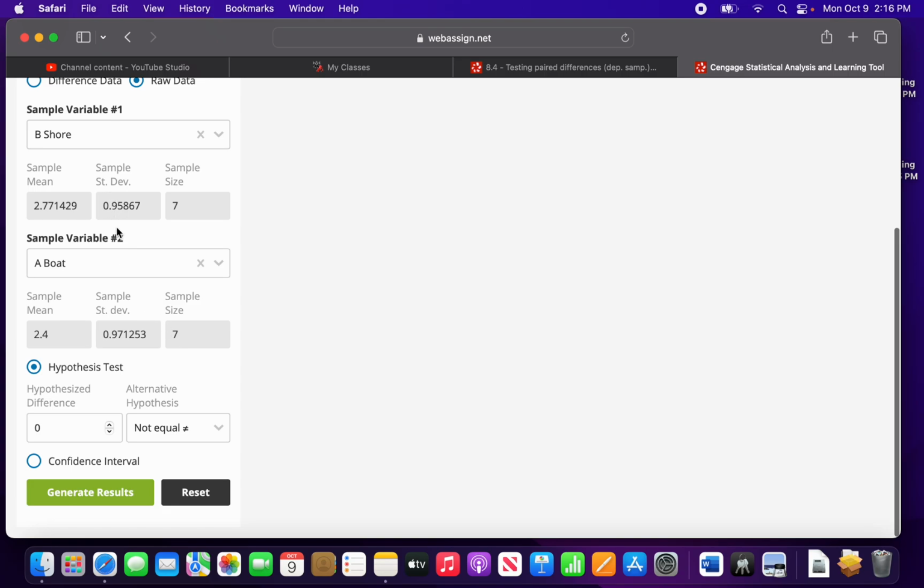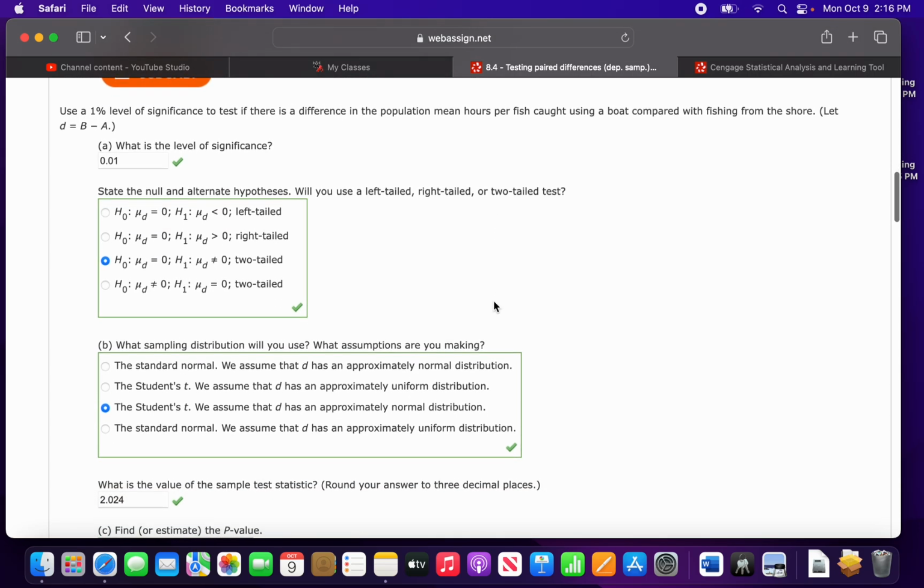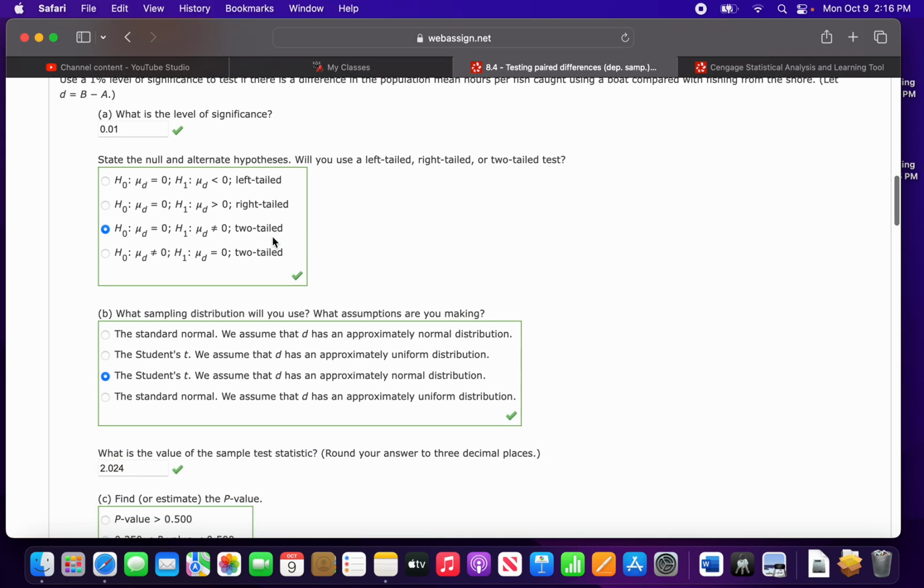Our standard deviations from each sample are pretty close to identical. We'll kind of keep that in mind. Now I'm going to go back and start answering some of these questions. All right. So we're going to assume there's no difference in fish caught from the shore or the boat.